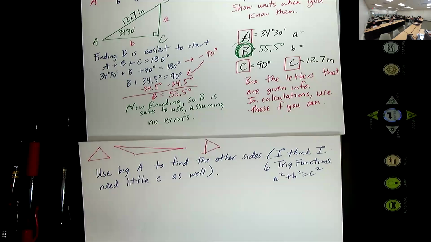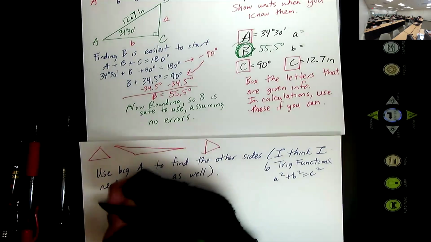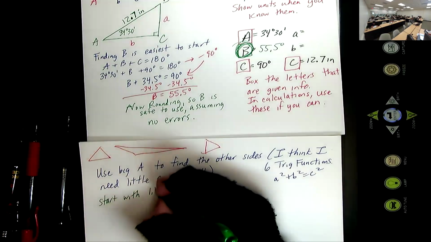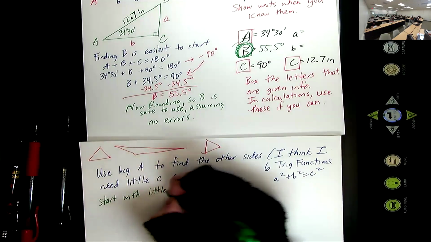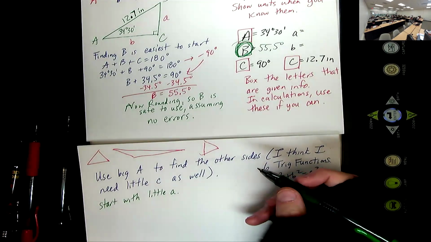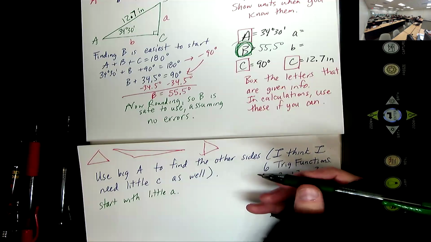So let's say we want to start with little a. Which trig functions have little a if I'm using big A? Or what's the relationship of little a to big A? It's not the adjacent either.